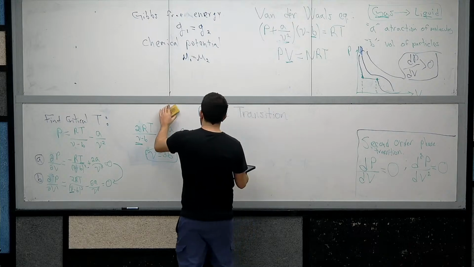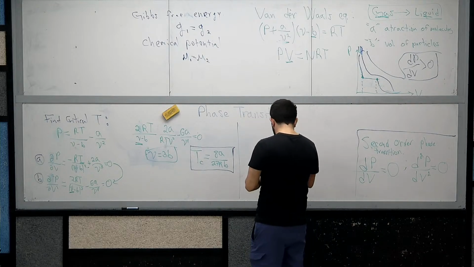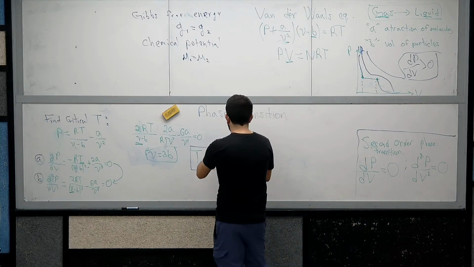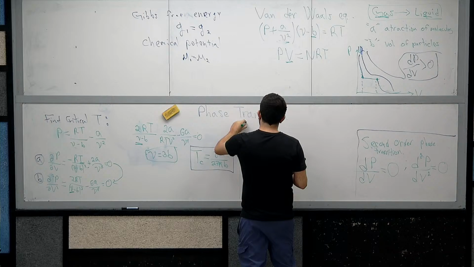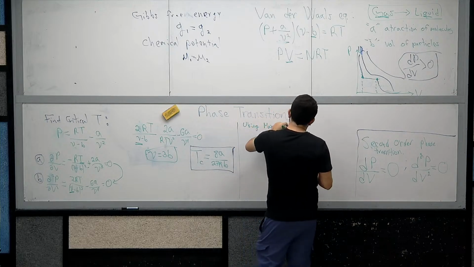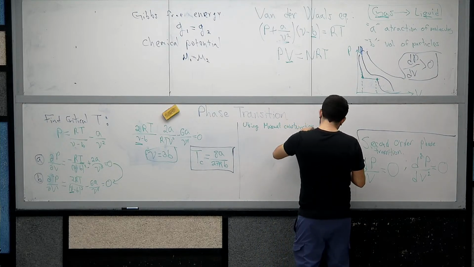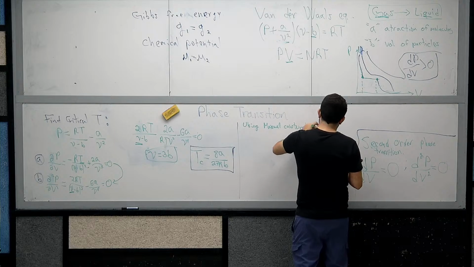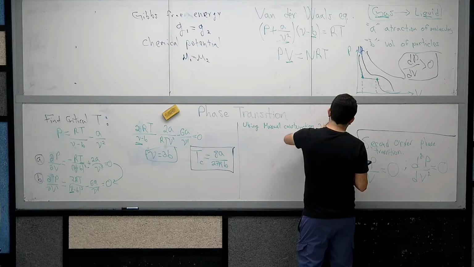Okay. So the second part of the exercise is to find, using the Maxwell construction, how the volumes in the two phases relate to each other.